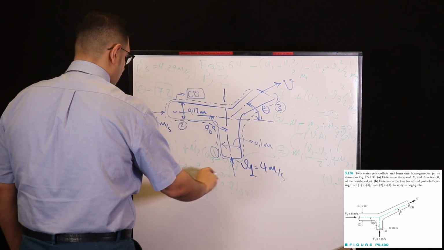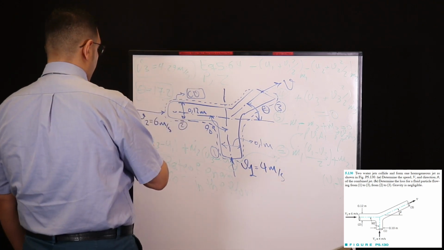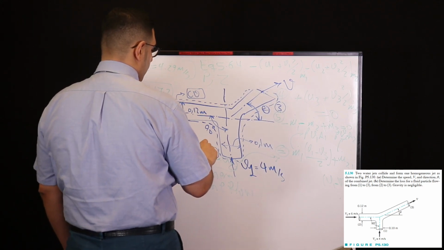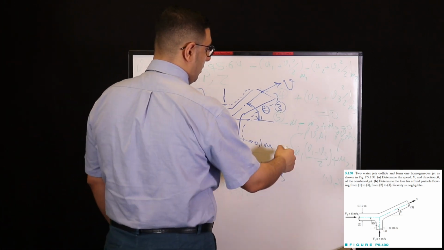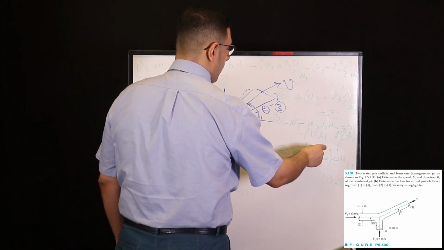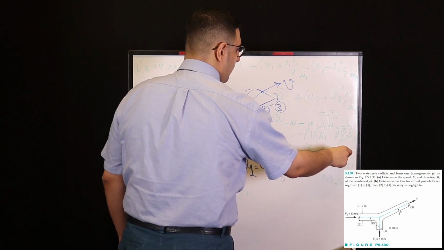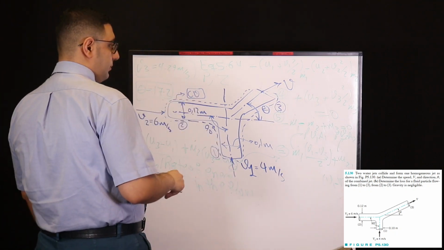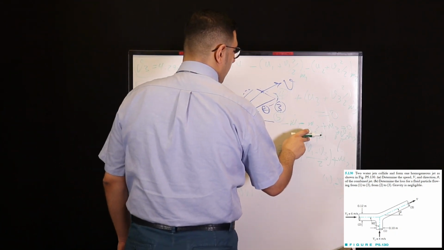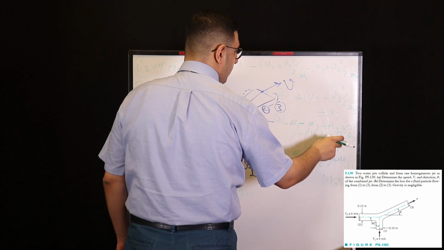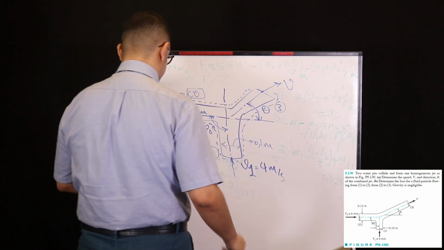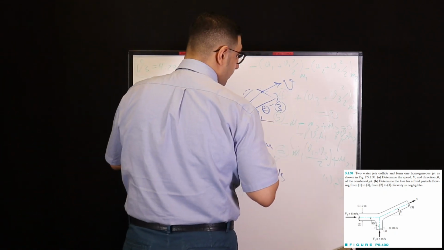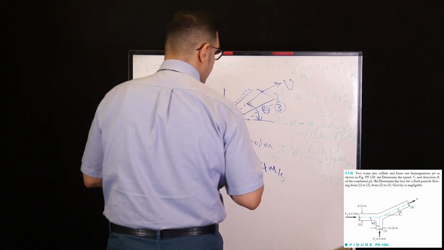Total rate of energy loss in the flow: M1 dot multiplied by U3 minus U1 plus M dot 2 multiplied by U3 minus U2 is equal to M dot 1 multiplied by V1 minus V3 divided by 2 plus M dot 2 multiplied by V1 minus V2 over 2. M dot 1 is rho V1 A1 and M dot 2 is rho V2 A2. So we just have to substitute the values.